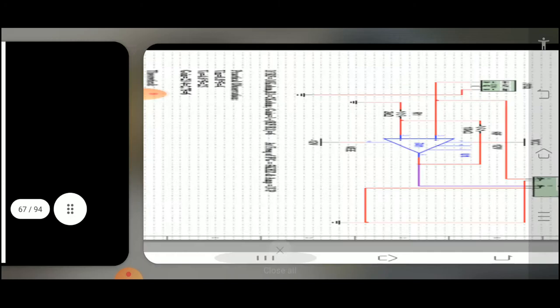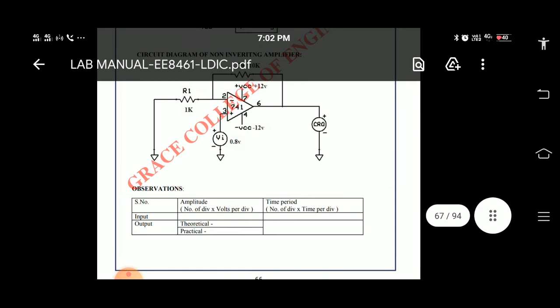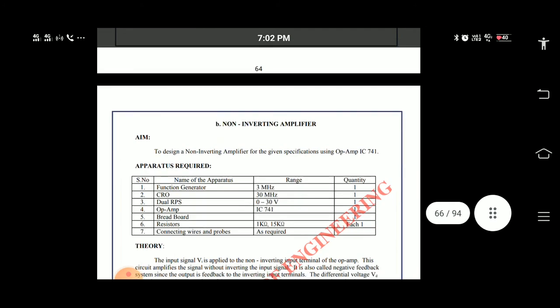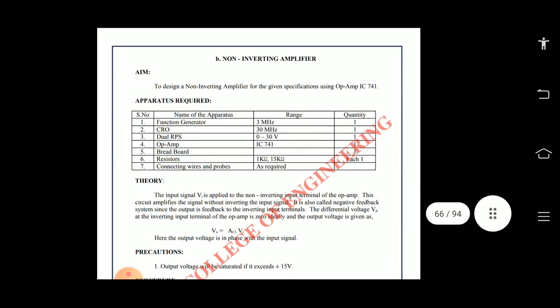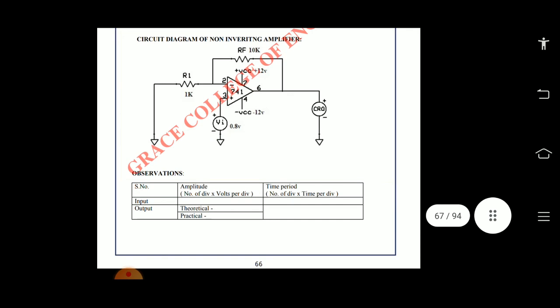And here I gave an outline for this experiment. Here you need to design an amplifier with the help of your op-amp. After that we need to get the output of the non-inverting amplifier, which is in phase with your input voltage, and we have to calculate the amplitude and time period as a number of divisions into your quantities per division.